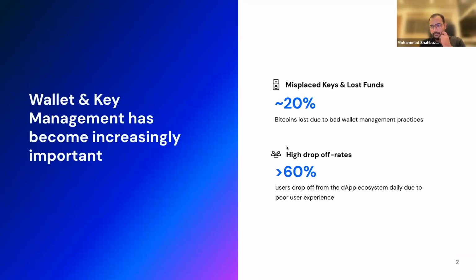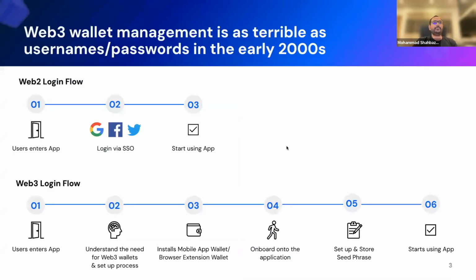We even say that if crypto is not for your grandma, then crypto is not for anyone, right? If you can onboard your grandma to use crypto applications, that's how the UX should be, right?